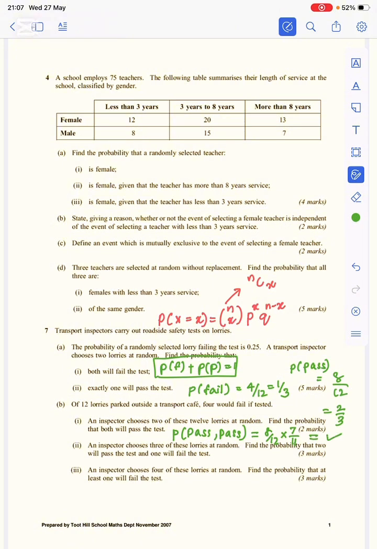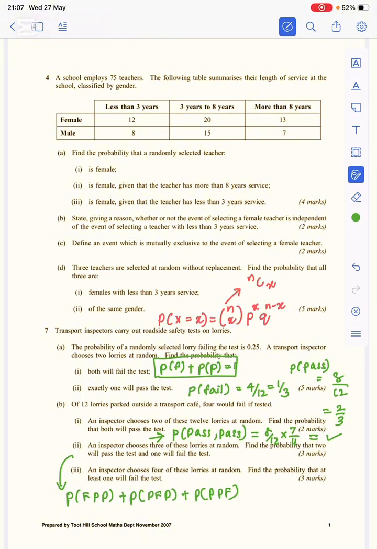Both pass the test. An inspector chooses 3 of these lorries at random. Find the probability that 2 will pass the test and 1 will fail the test. You have to consider 3 types of things if you are working on this type of format. What is that? Probability fail, pass, pass, plus probability pass, fail, pass, plus probability pass, pass, fail.